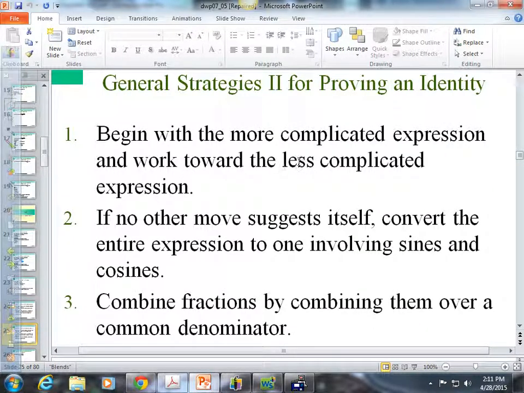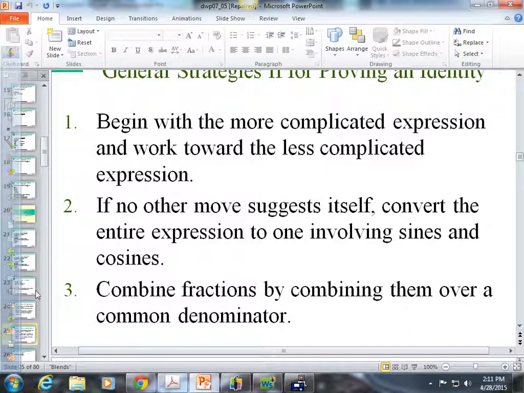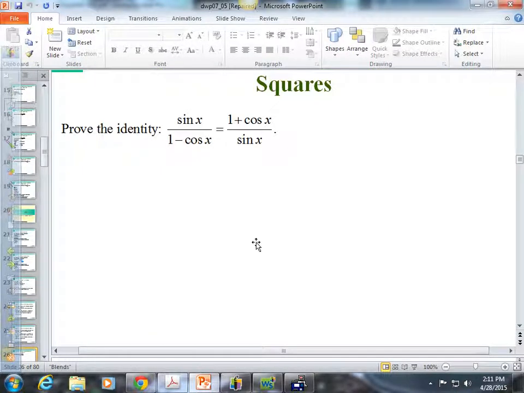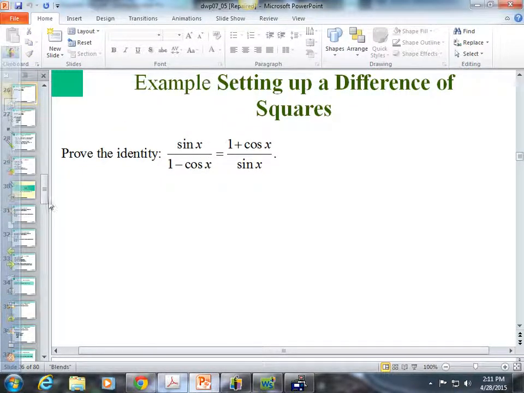Always start with the more complicated side. If no other move suggests itself, convert everything to sines and cosines. Perform indicated operations, so on and so forth. Here we go. And let me get this to a separate sheet.